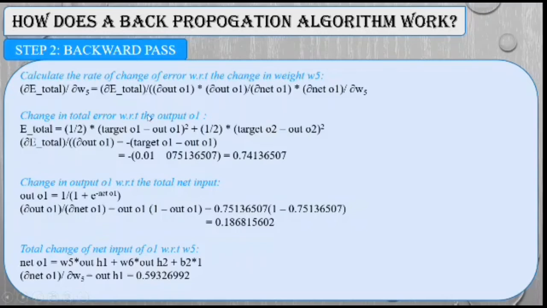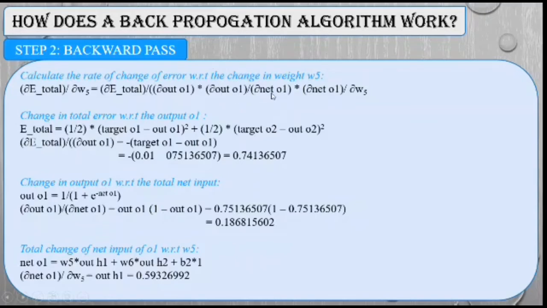When we differentiate the first term, we get minus of (target O1 minus out O1). By substituting the values of target O1 and out O1, we get the partial derivative of E total with respect to out O1 as 0.7413.